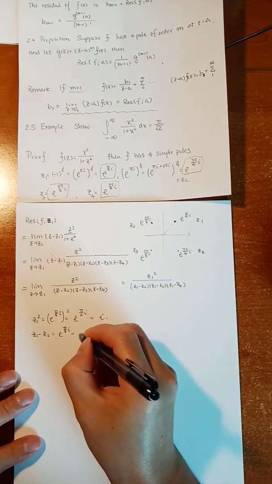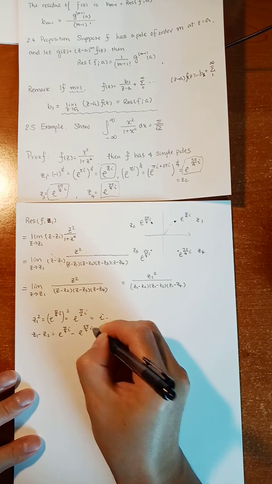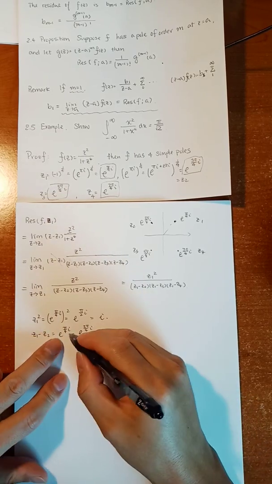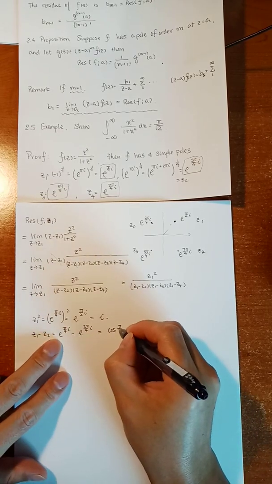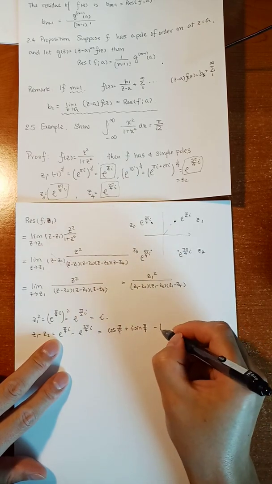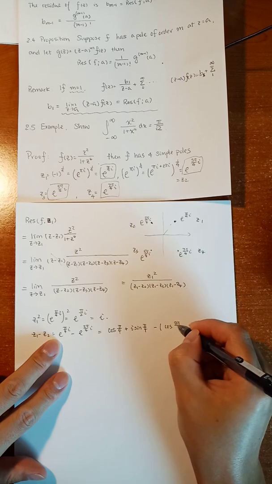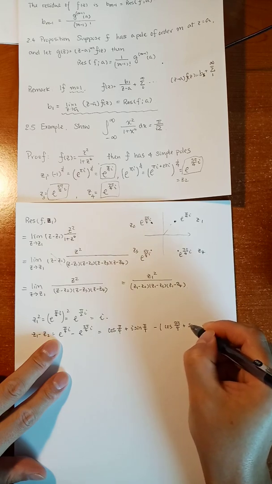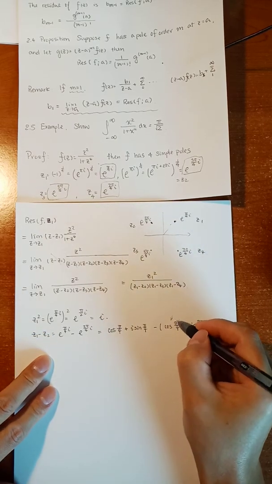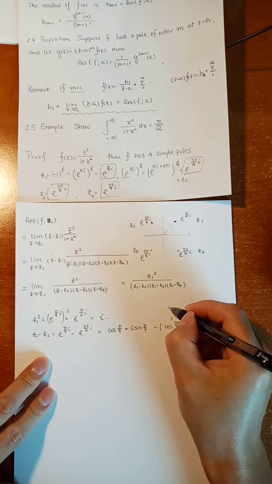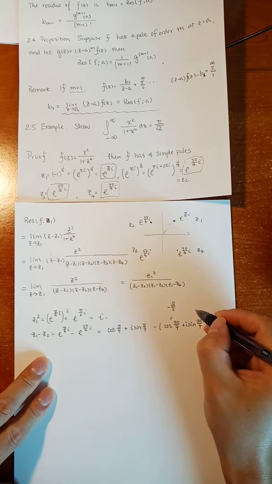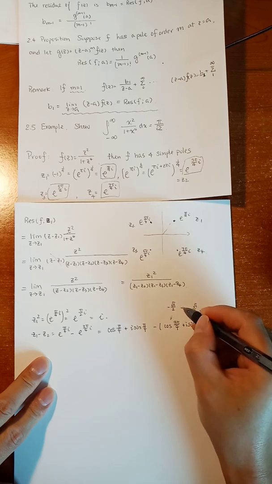And z1 minus z2 is e^{πi/4} minus e^{3πi/4}. Well, let's compute. This one is cosine π/4 plus i sine π/4, minus cosine 3π/4 plus i sine 3π/4. The cosine here is negative, negative square root of 2 over 2, and this one is positive square root of 2 over 2.